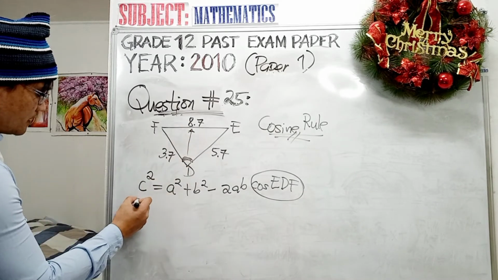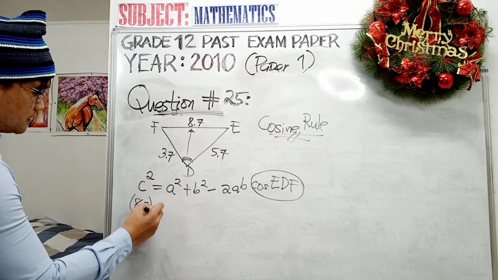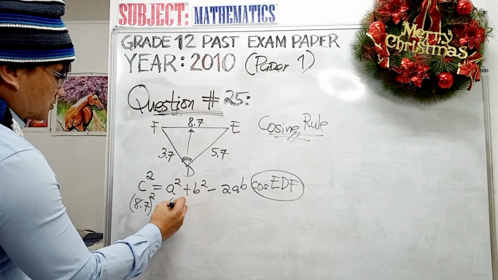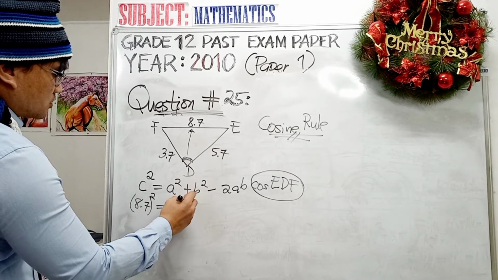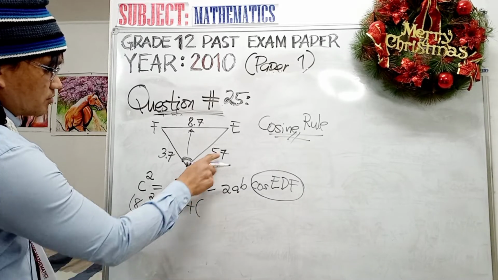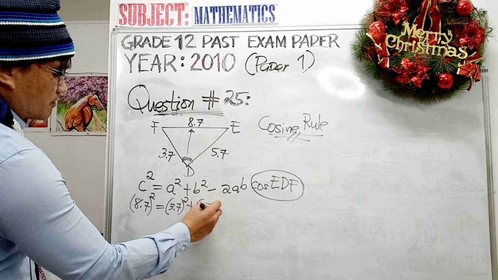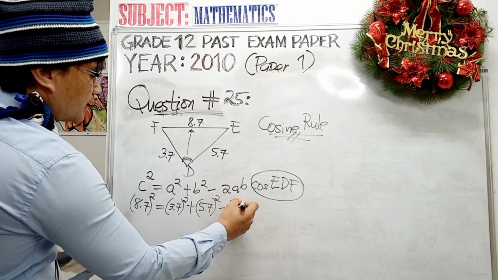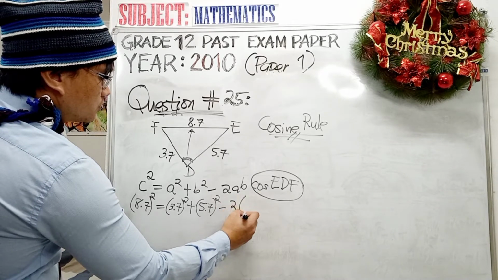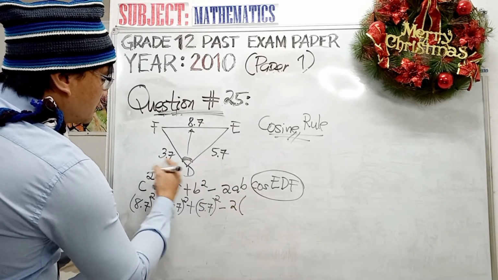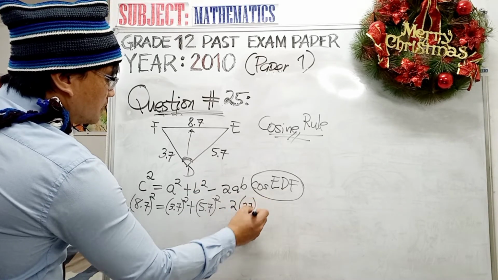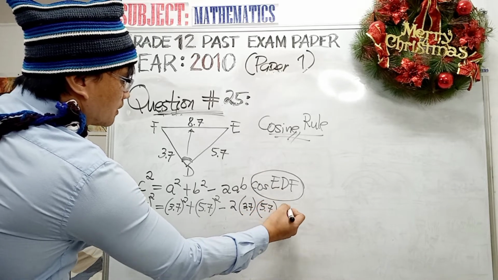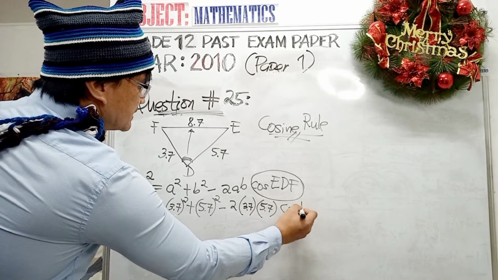So we have 8.7 square equals, our A is 3.7 square plus our B, 5.7 square, minus 2 times A, which is 3.7, times B, which is 5.7, cosine EDF.